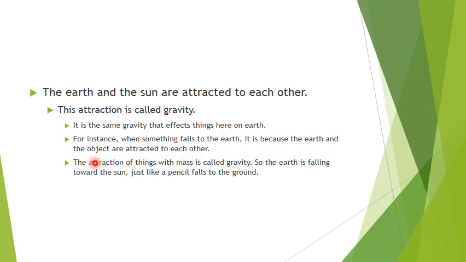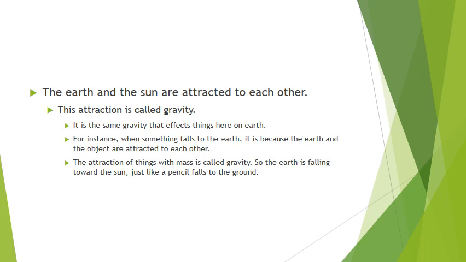So overall, anything with mass will be attracted to each other. So any pieces of matter are all attracted to each other. We don't notice it. Like if I had two balls in my hand, you won't feel them pulling on each other.